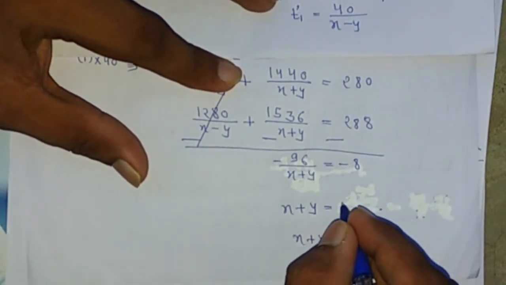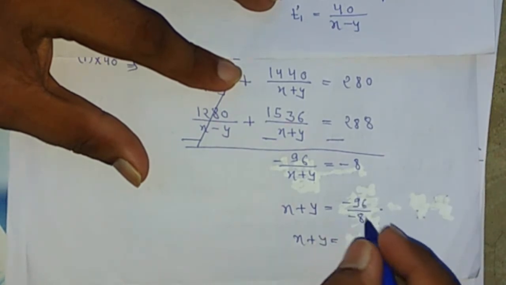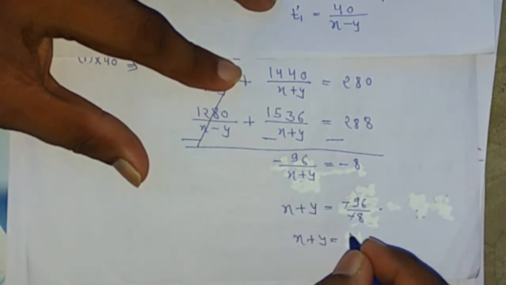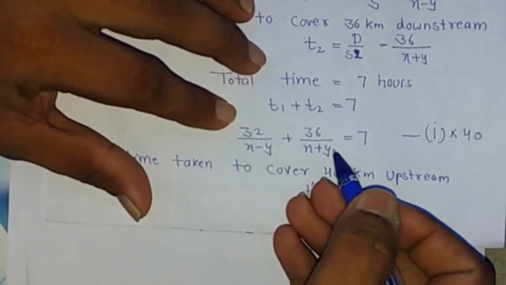Then x plus y equals minus 96 by minus 8, which is 12.